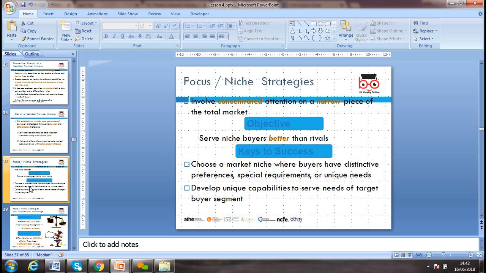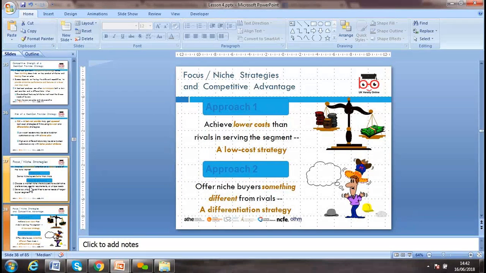Okay, so next, approach one: achieving lower cost than rivals. Second, offer niche buyers something different from the rivals. Niche buyers: you're just focusing on some element in a small, niche market.